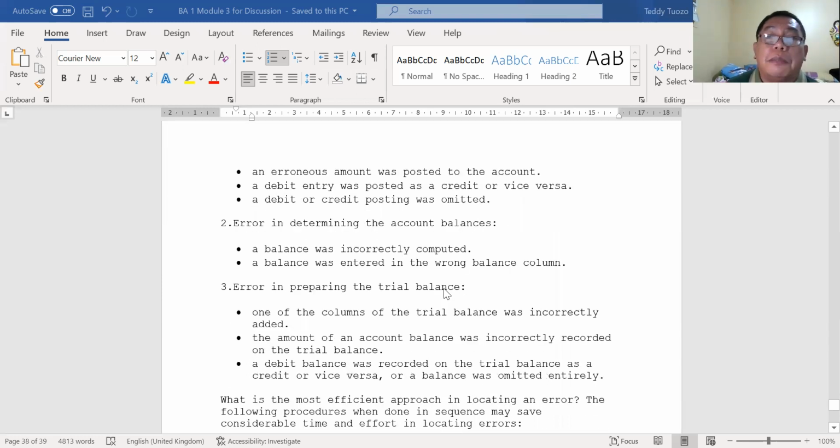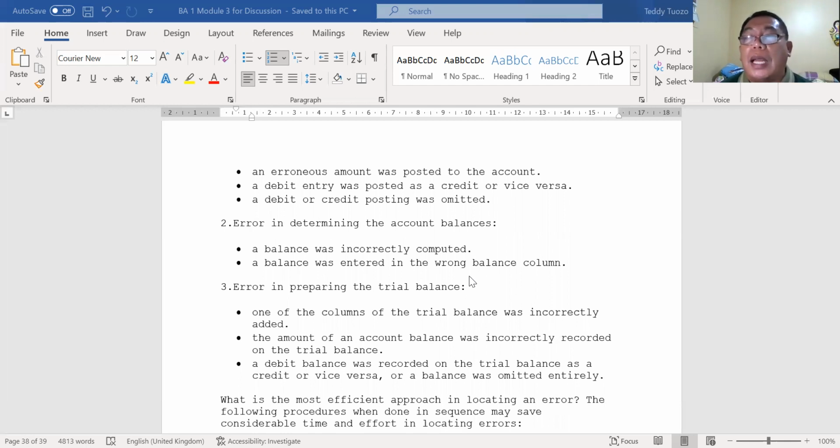Number two, error in determining the account balances. A balance was incorrectly computed o nasa job ka ba pag-add sa non-minus, no, in determining the balance of an account. Then a balance was entered in the wrong balance column.